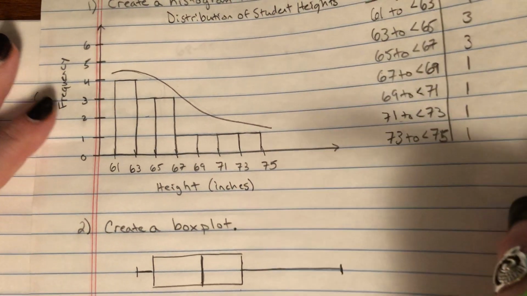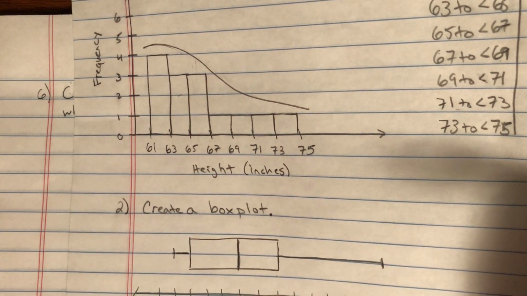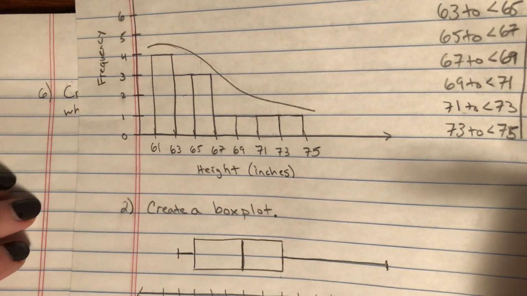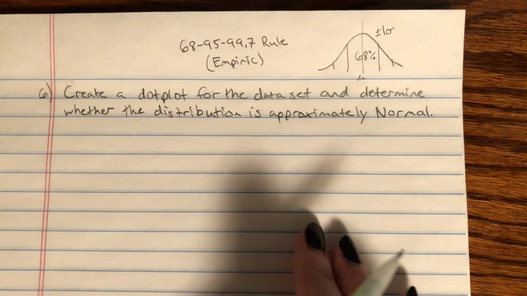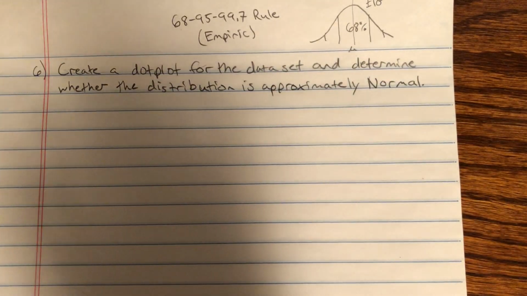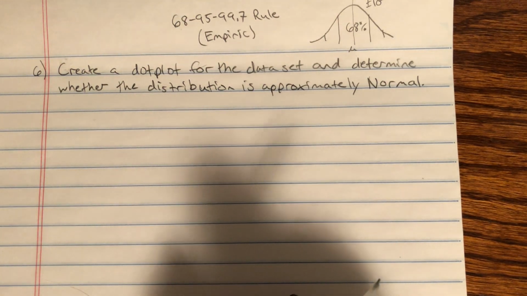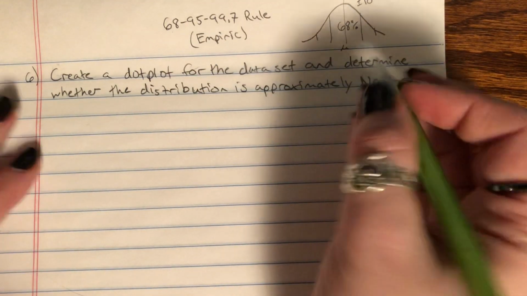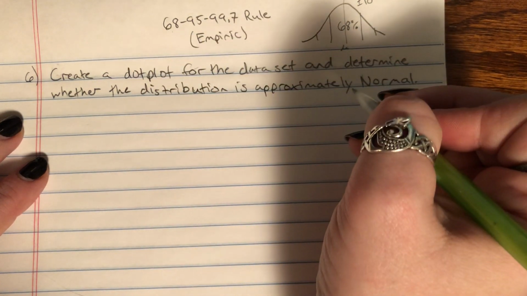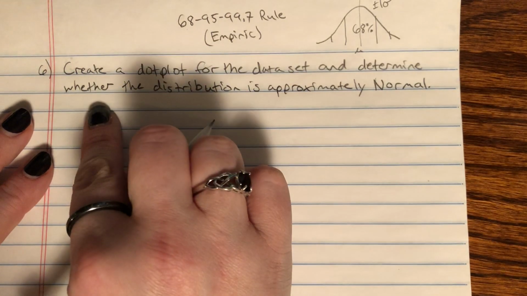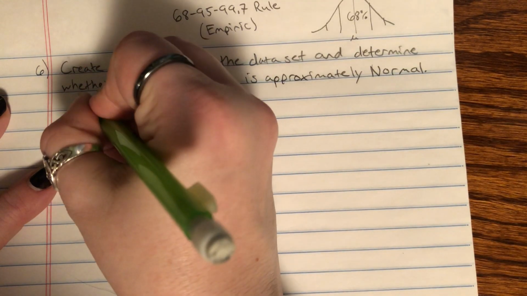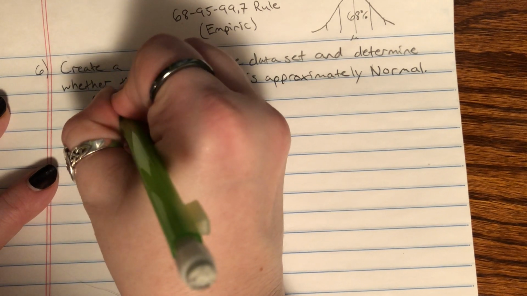But we're going to go through the motions just to check it out and to make sure that you understand how to do that if there's a chance that it could be normal. So check number 1, is it symmetric? If not, we could actually write right now that because the data is skewed to the right, the distribution is not normal. And actually, I'm going to go ahead and write that.